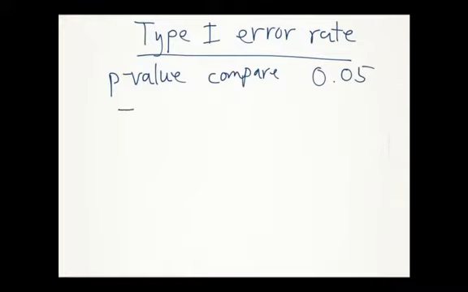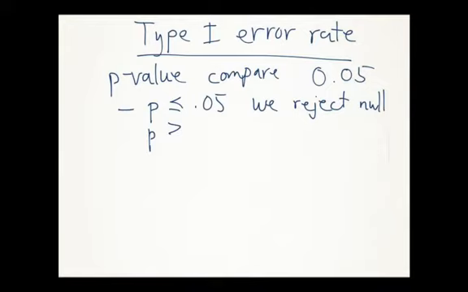With that said, the convention is that if the p-value is less than or equal to 0.05, we reject the null hypothesis. And if the p-value is greater than 0.05, we fail to reject.